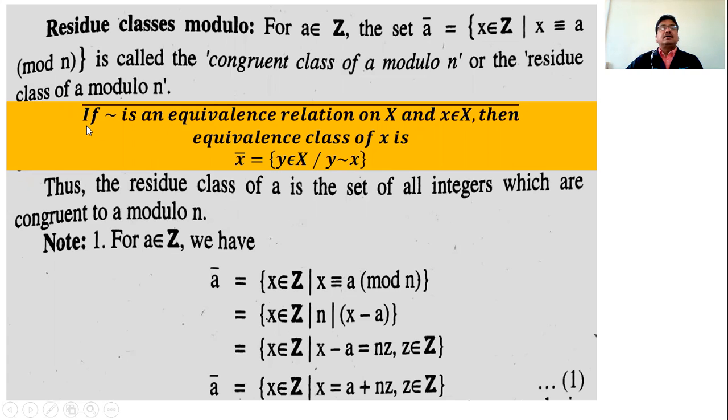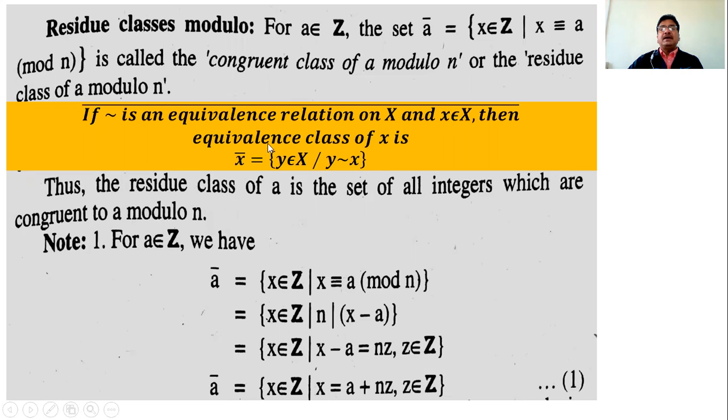For example, we observe that if ~ is an equivalence relation on X, and x is an element of X, then the equivalence class of x, x bar, is equal to the set of y belonging to X such that y is related to x. That is, the elements which are related to x belong to x bar.